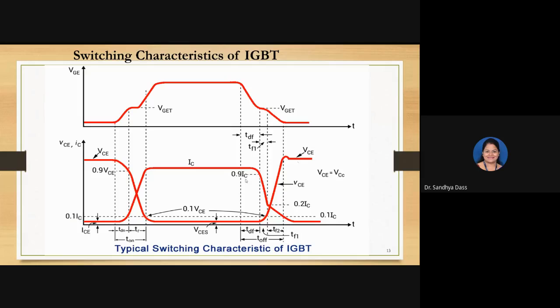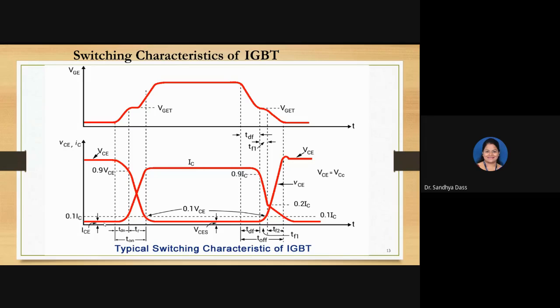So you see, you should be clear with the ideal characteristics of a device. Whenever a device is in off condition, the voltage across it will be maximum and current flowing through it will be zero, ideally.